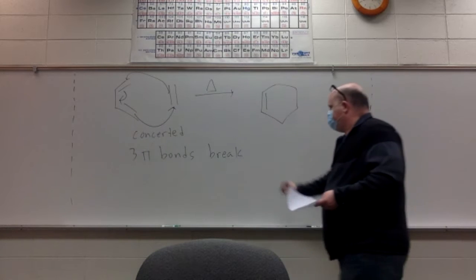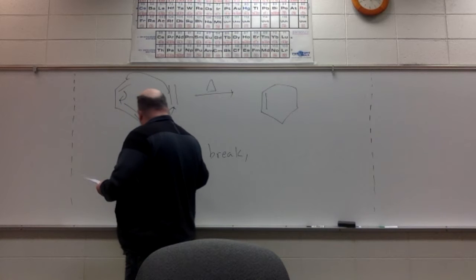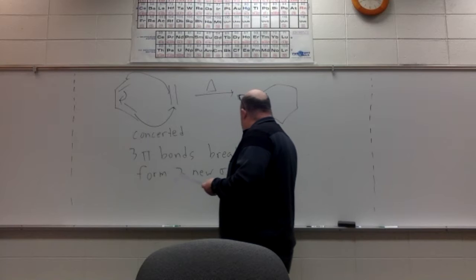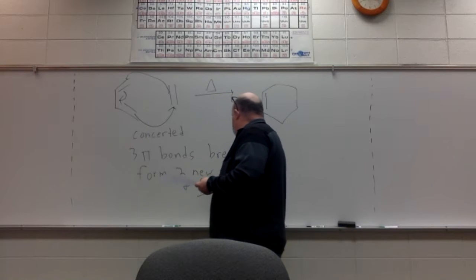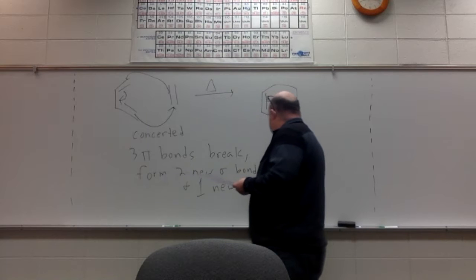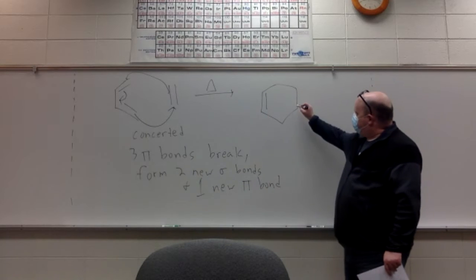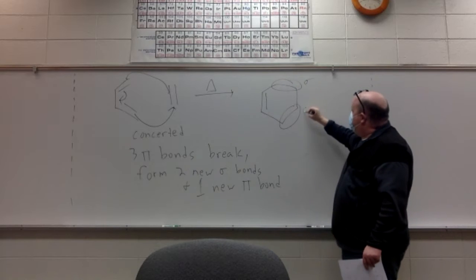They all break. And you also form 2 new sigma bonds and 1 new pi bond. And you can see here, here's the 2 new sigma bonds that you made here.